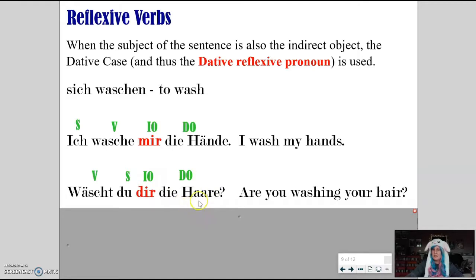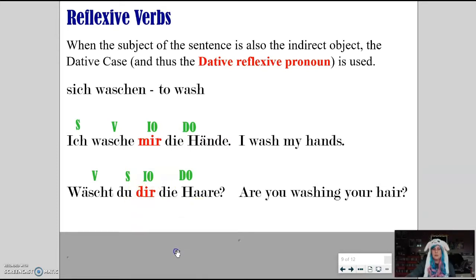Again, this one takes a little getting used to, that it's this plural, die Haare, and we can't say wäschst du deine Haare or wäschst du dein Haar. Although a person would probably understand you, it's grammatically incorrect because it is a reflexive verb, sich waschen, and needs this reflexive pronoun.